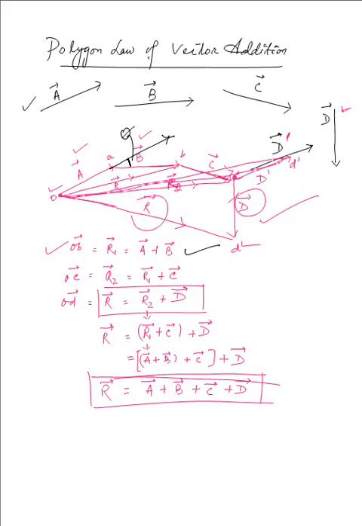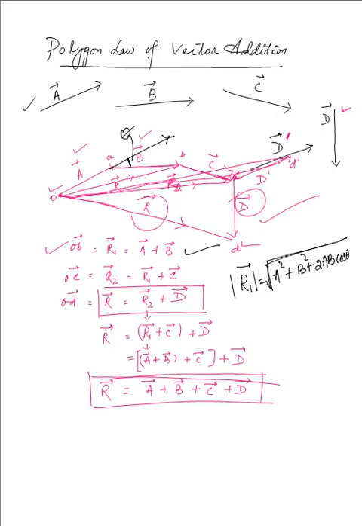So we know the resultant R1 that we are getting over here has the magnitude the square root of A squared plus B squared plus 2AB cos theta, or 2A dot B. So that gives me the addition of two vectors.